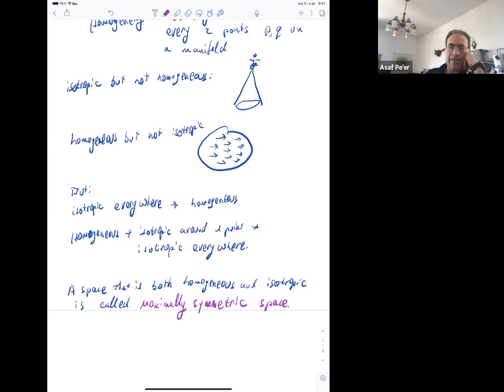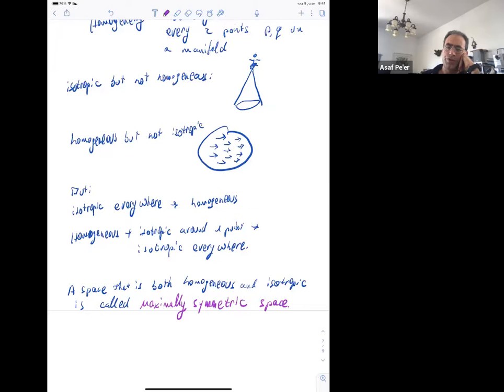Okay, so we're going to study maximally symmetric spaces now, but there is one thing which is important for us in this context. Nearly 100 years ago, Edwin Hubble showed that the universe is actually expanding.